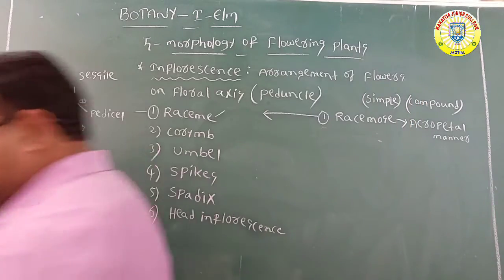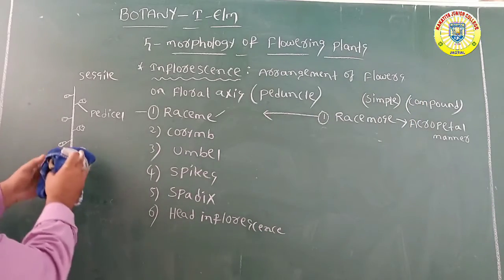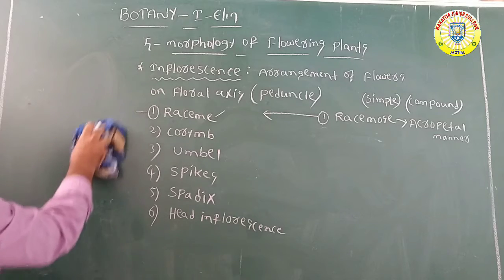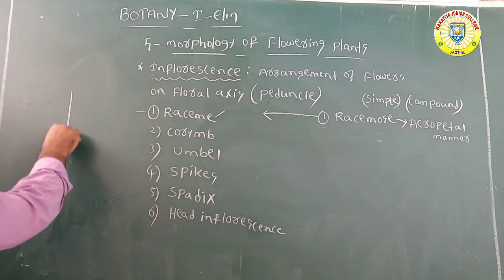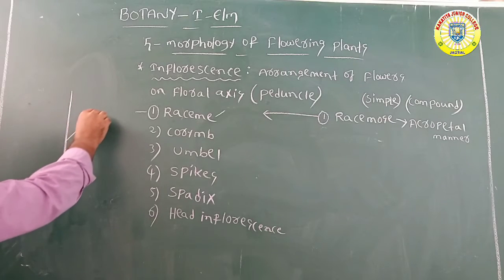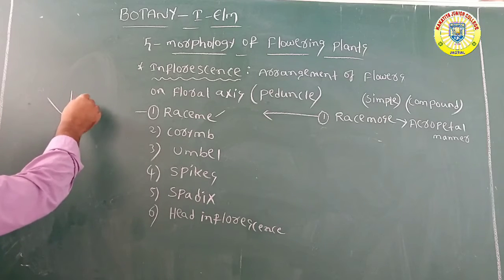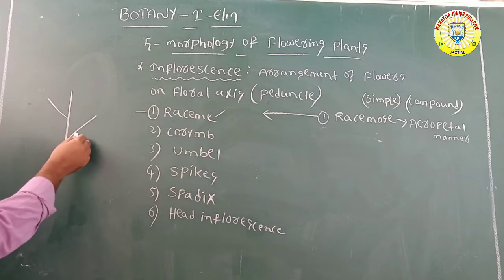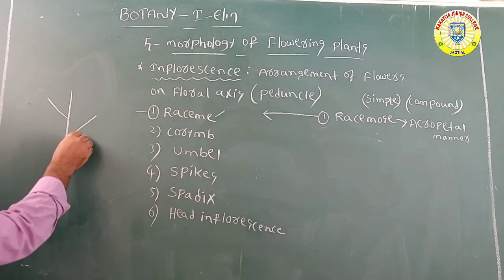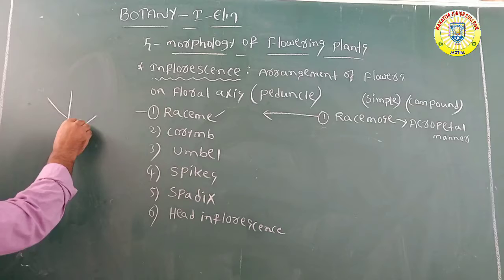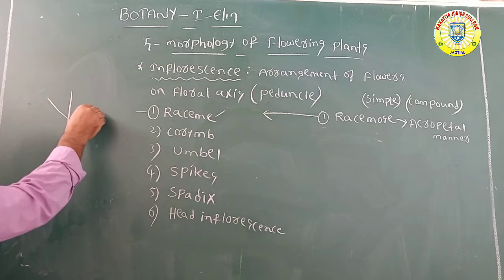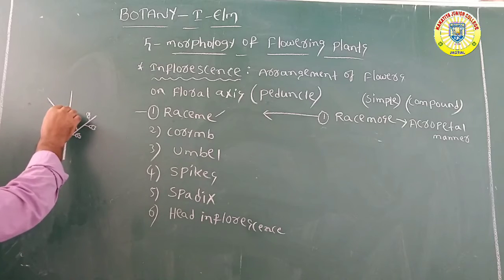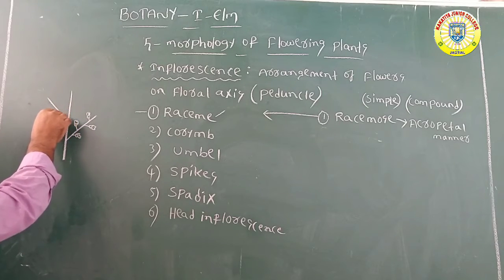For example, here you can see this is the simple racemose. What is the compound racemose? Here on the floral axis, one branch is here, one branch is here. On the branch also, flowers are arranged in acropetal manner.